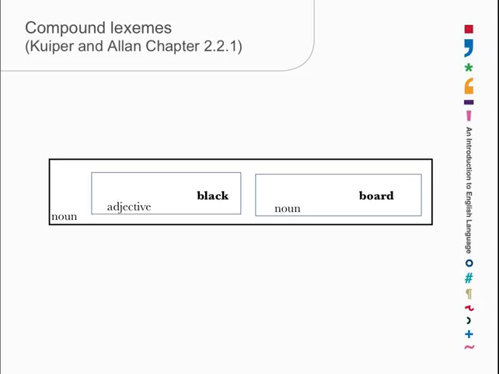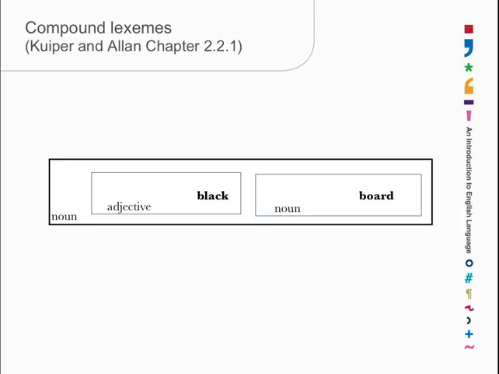Well, the new lexeme, the whole thing, is a noun, and that's why we've got the noun in the bottom left-hand corner of the box. When we look at the two boxes inside it, black is an adjective and board is a noun. One of the reasons why we've done adjectives and nouns before this is so that we could have a good look at the structural properties of complex lexemes.